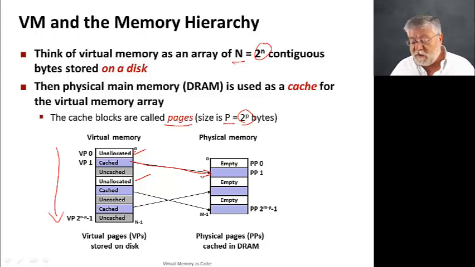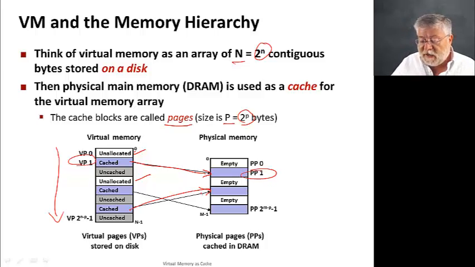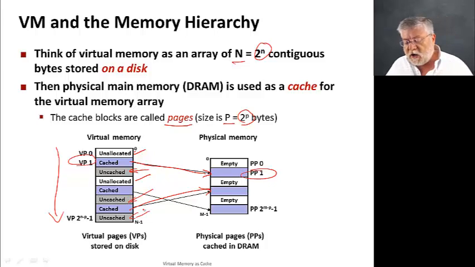What's going to be in our memory management unit? How does this particular page map to the physical page? Virtual page to physical page mapping. And you notice, of course, these pages could go anywhere in the physical memory where there's an empty page. Of course, some of the blocks, like these shown in gray, are uncached.